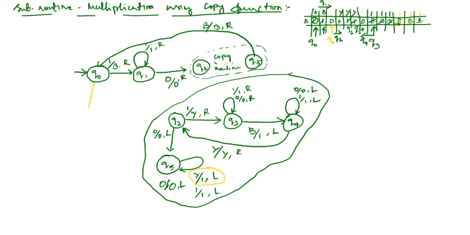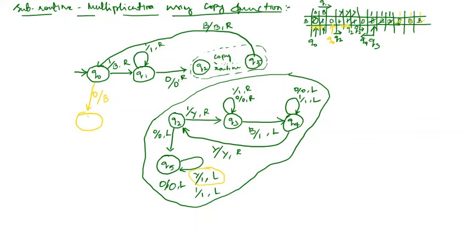When q0 reads a 0, make it a blank. The meaning is I have read all the x values and all the y values are copied here, so there is no other form, so it has to be made into a single term.